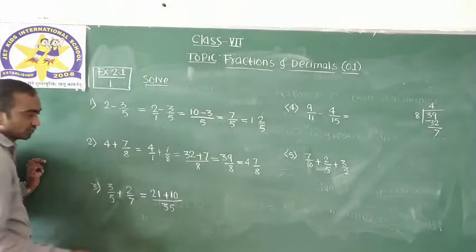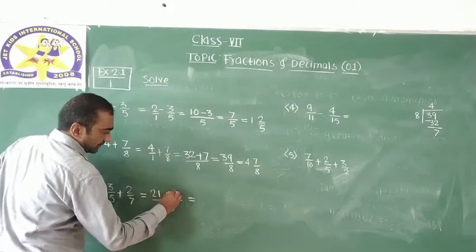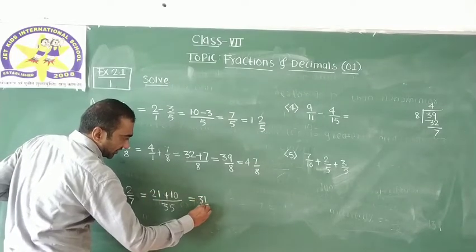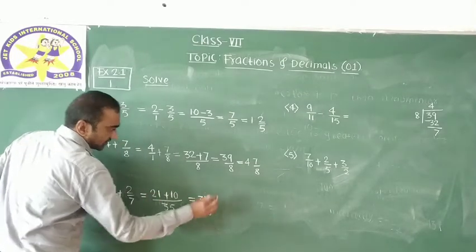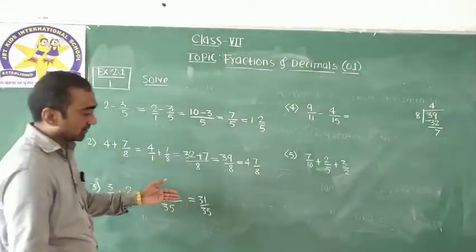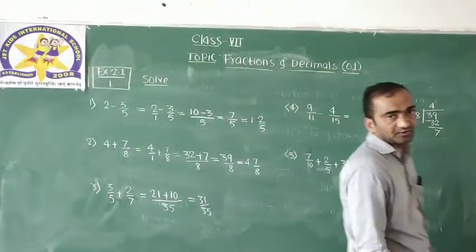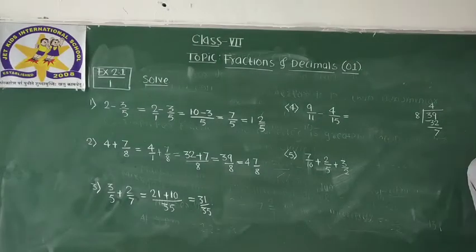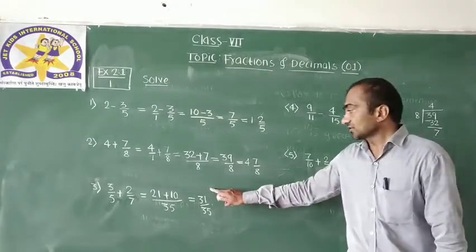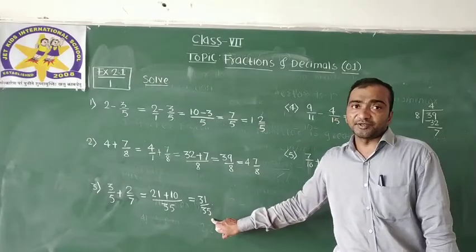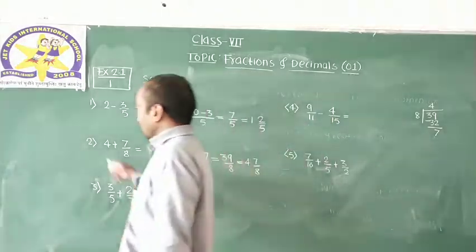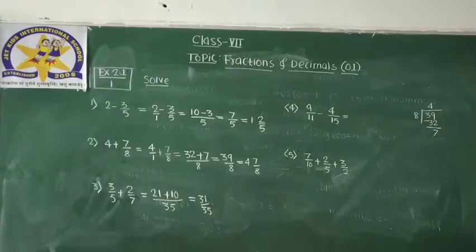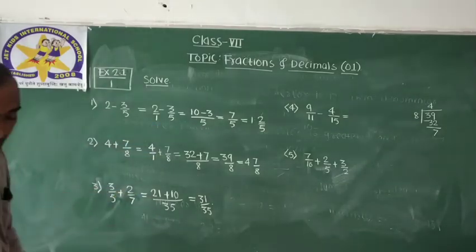Make calculation in numerator. 21 plus 10, 31 divided by 35. That is the final answer. We cannot express it in a mixed fraction form. So the final answer of the third question is 31 divided by 35. I hope you understand the first 3 questions. Now we take question number 4.